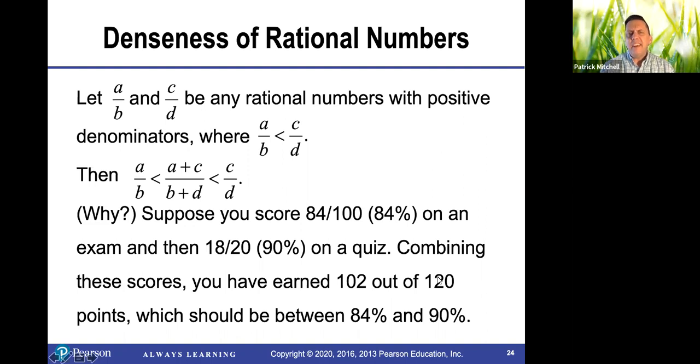Doesn't it make sense that if you got an 84% on the exam and a 90% on the quiz, that would put your overall average somewhere between 84 and 90%? And it just so happens that 102 out of 120 is exactly 85%. I wouldn't expect it to end up right in the middle because the exam counts a lot more than the quiz. But it does make sense that by adding the numerators and adding the denominators, I would get a fraction that's between these two fractions. So that's another way to find a fraction between two fractions.